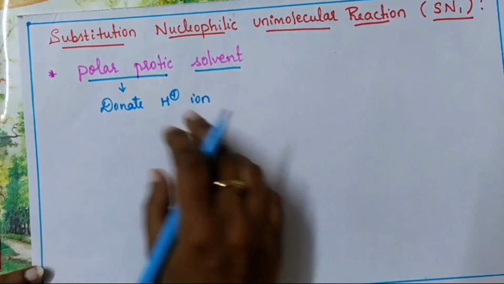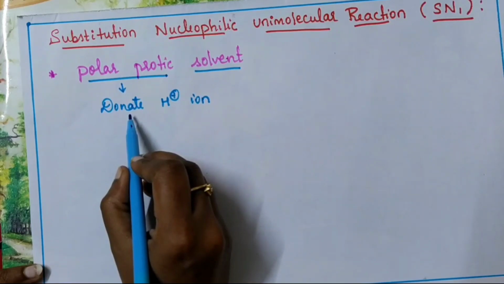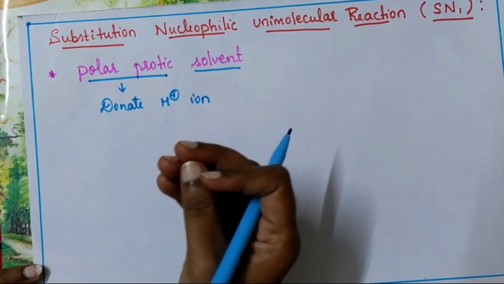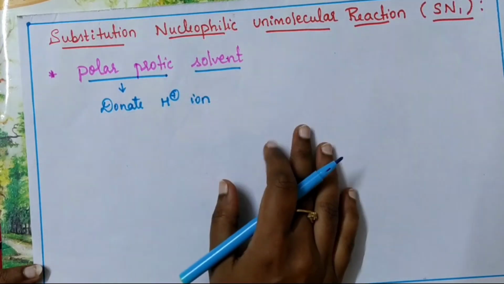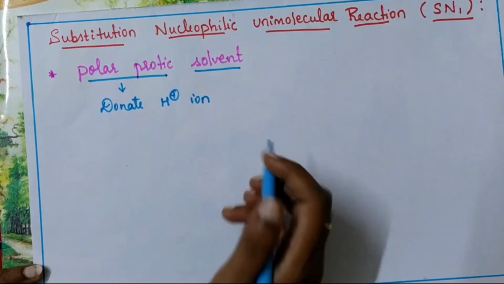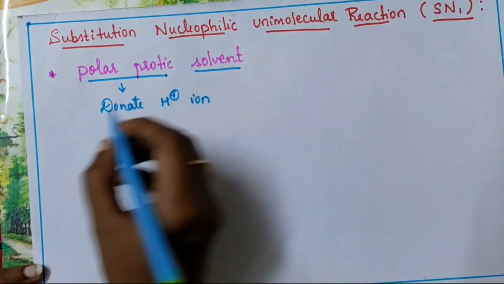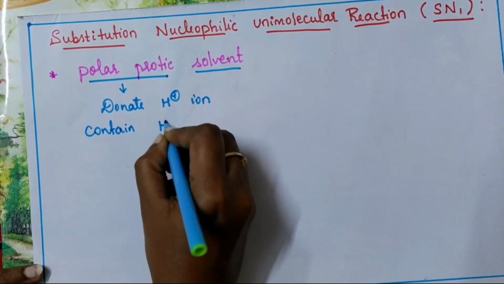You can define this polar protic solvent in two ways. First way is you can say that if any solvent is going to donate H plus ion, you can call it a polar protic solvent. In the other way, you can say if a solvent contains or has hydrogen bond.